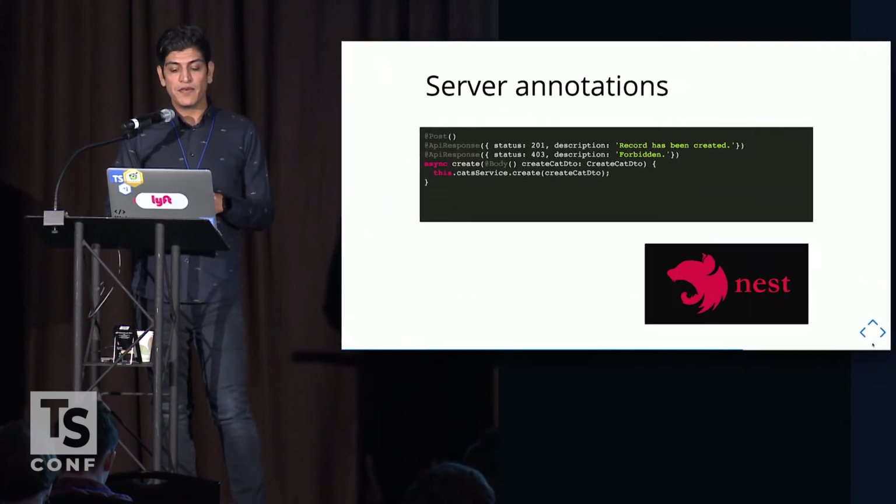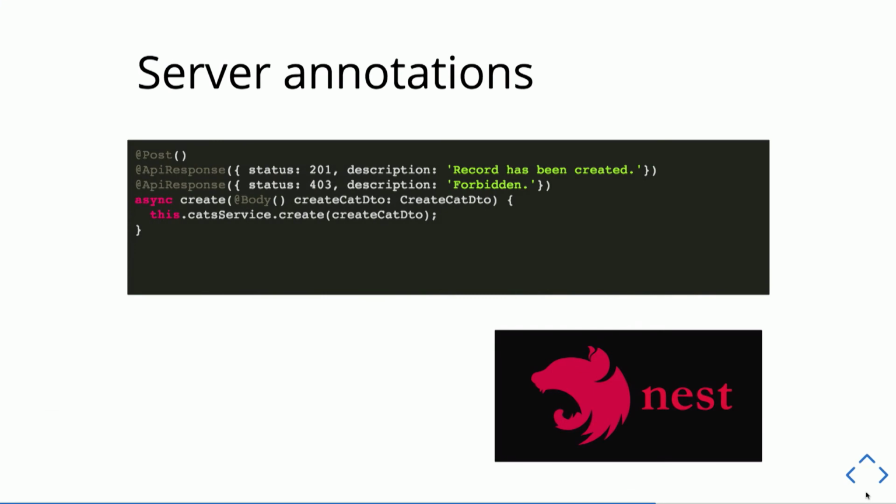Here is a little bit of code from a framework called Nest.js. If you haven't used it, you should check it out. It's a very, very nice Express-based backend system that is leveraging TypeScript very heavily, and it is pretty modern. I really love it. They also have a Swagger extension that I can use to add a bunch of annotations to my API handlers to get descriptions.